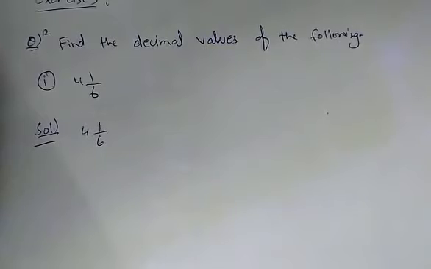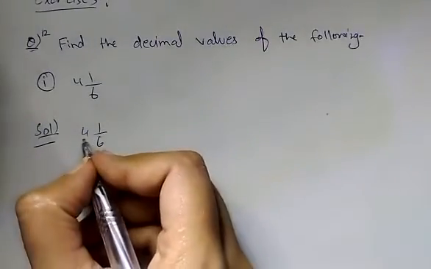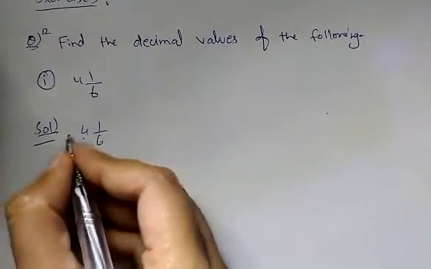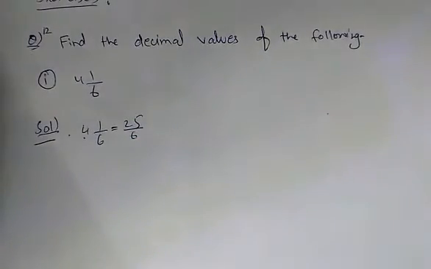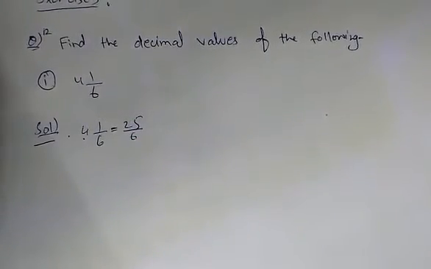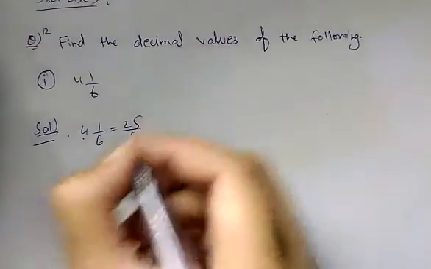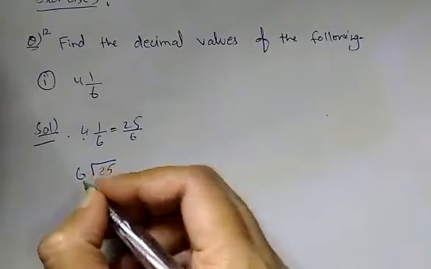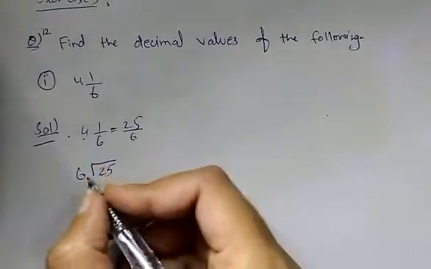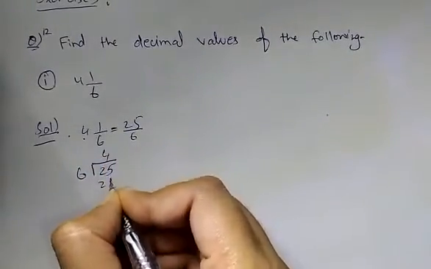Now that there is a mixed fraction, we have to change it. 6 fours are 24 plus 1, 25. So it's changed into 25 by 6. Now we have to divide them, 25 with 6. 6 fours are 24.